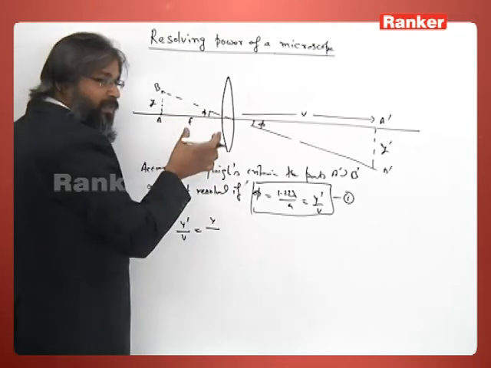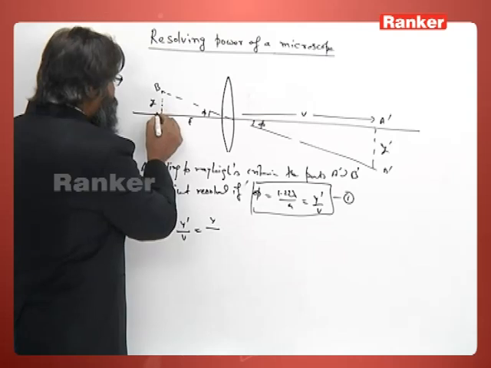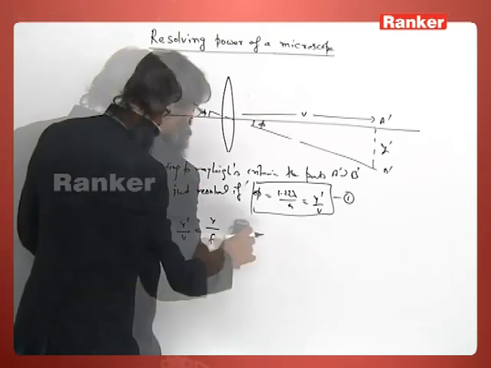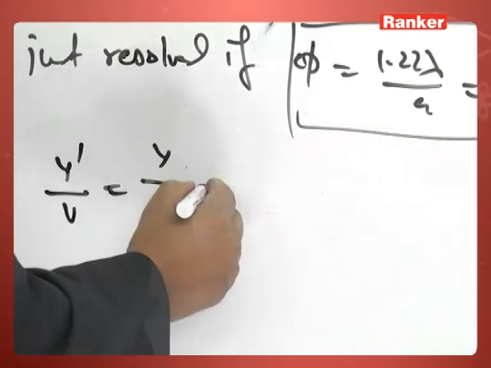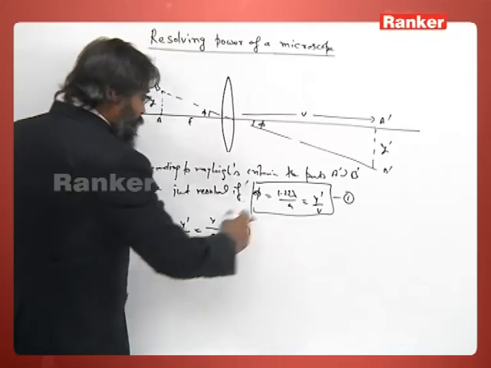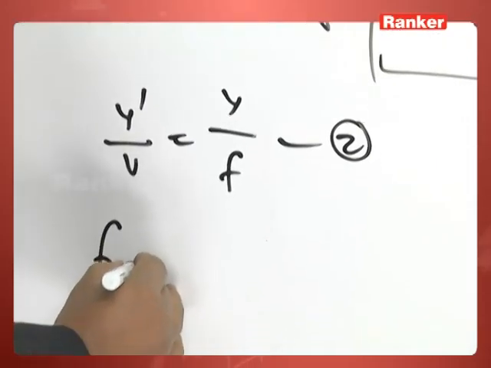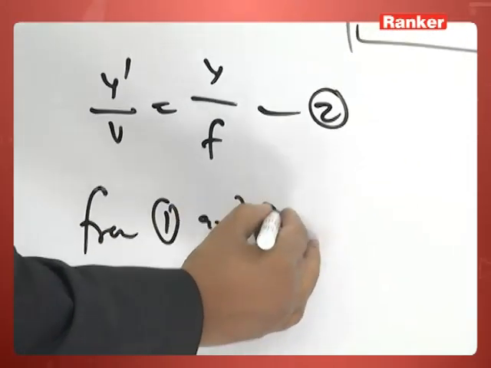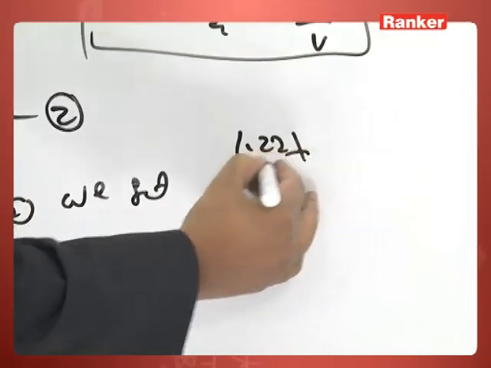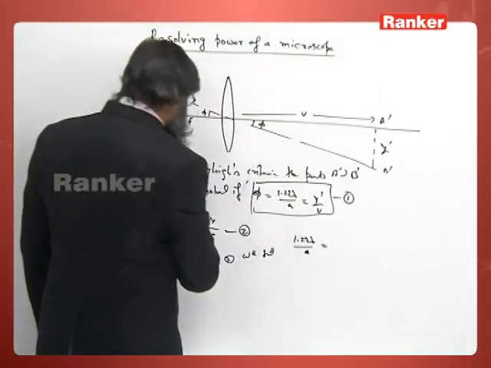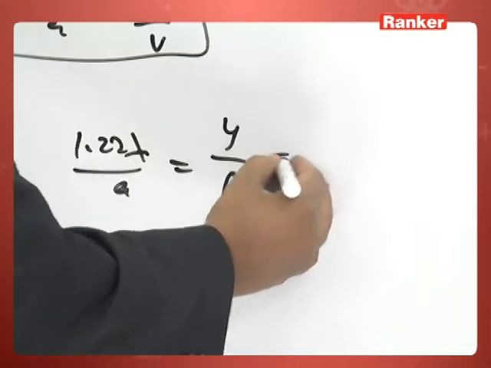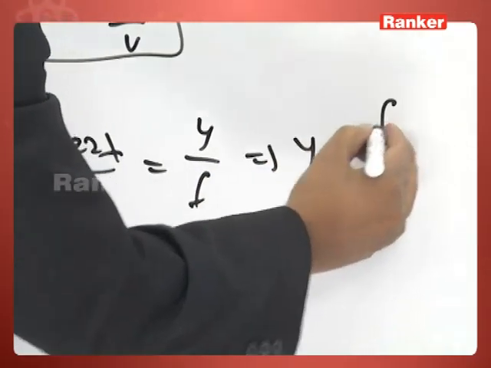Actually, this distance is smaller than f, as the focus is somewhat here, but very close to f, so I can assume this as f. This is the second equation, and so we can substitute it here. From 1 and 2 we get 1.22 lambda by A is equal to y dash by V is y by f.